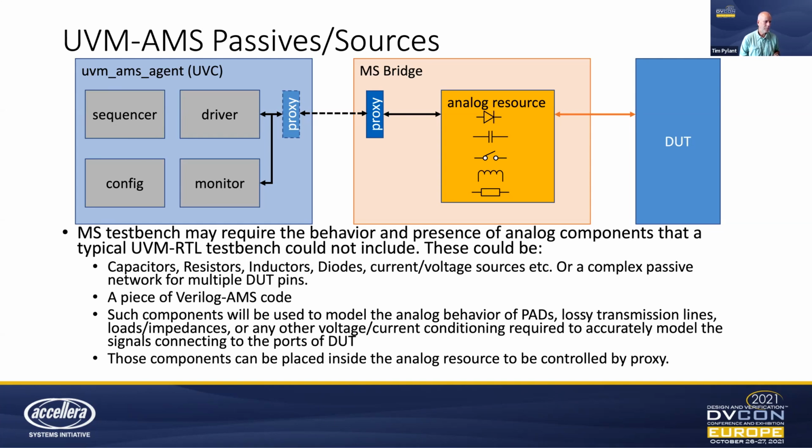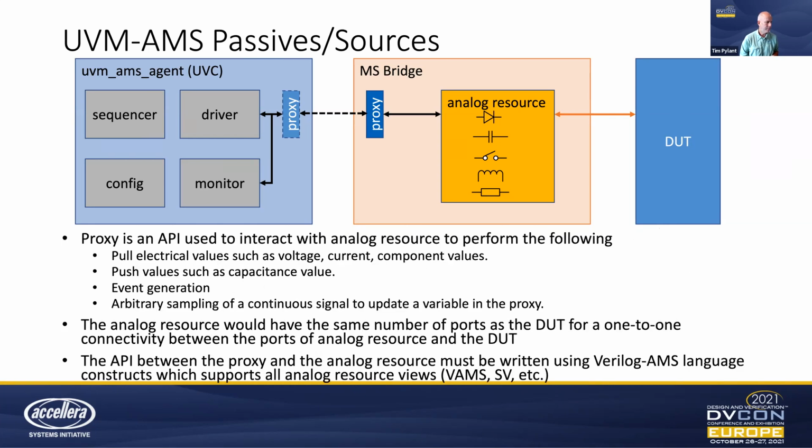If you require the behavior in the presence of an analog component, such as capacitors, resistors, voltage sources, etc., then you would need to write a Verilog-AMS block. And you can do that for that analog resource, and you can insert it into the MS bridge. And then you can control that, like I said before, from the proxy and program up the behavior for that.